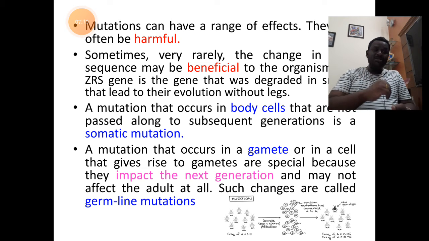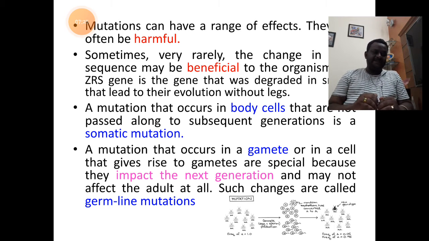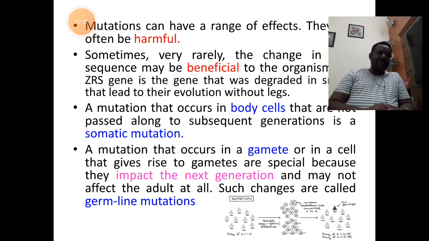But if mutation takes place in gametic cells, these mutagenic changes will be passed on to the generations. So the next generation of individuals show the genetic variations or change in the genetic makeup. Such change is called germline mutations.